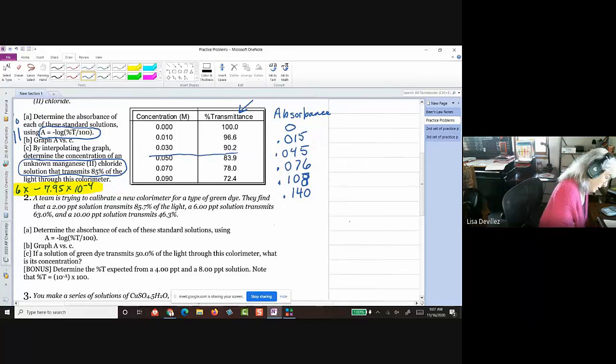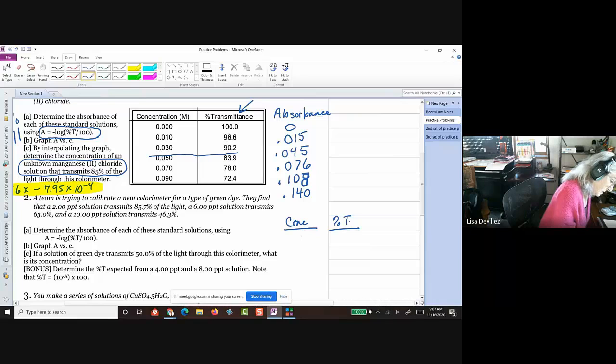All right. So here in this one, they're given the concentrations in parts per trillion, which we still do the same procedure. So if I have concentration, and then they're giving us percent transmission again.